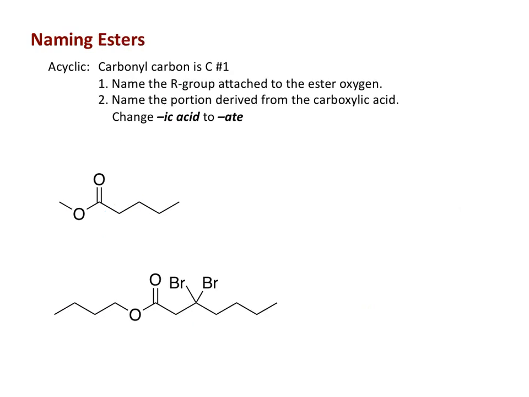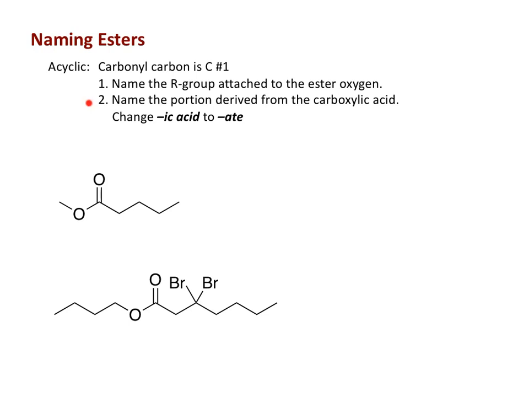If we're naming esters, just like carboxylic acids, the carbonyl carbon is carbon number 1. But what we see with esters is that you have some R group attached to the oxygen. So you have to tell the reader what that group is. So the first step is we name the R group attached to the oxygen.